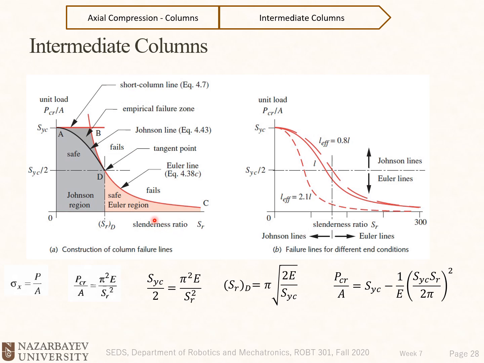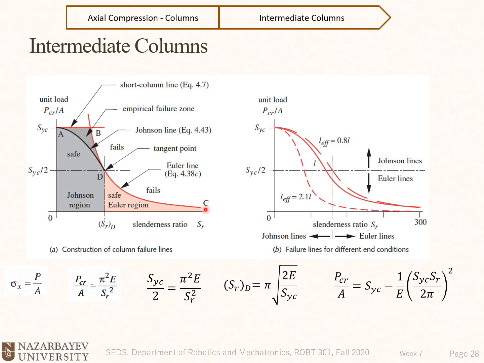Why? Because we said that short columns have slenderness ratio less than 10, and you see that from 0 to 10, this line will be the limiting factor for safety and failure. Below that we are safe. Above that, the column will fail.